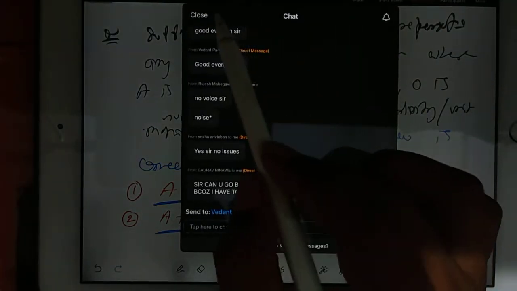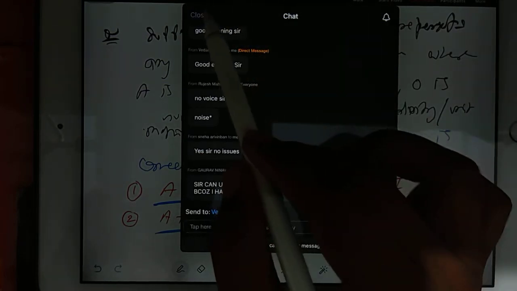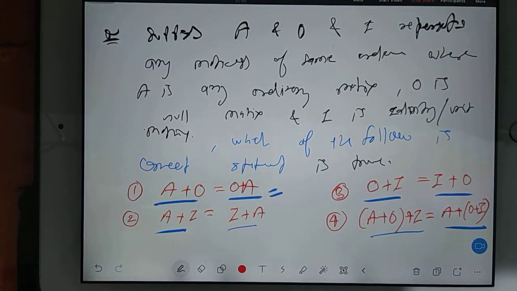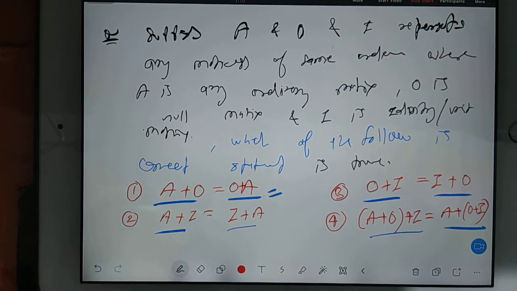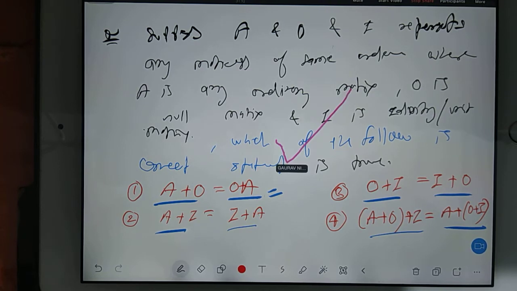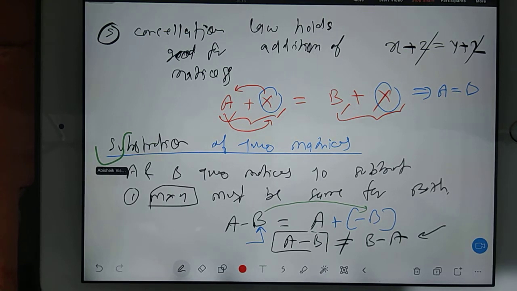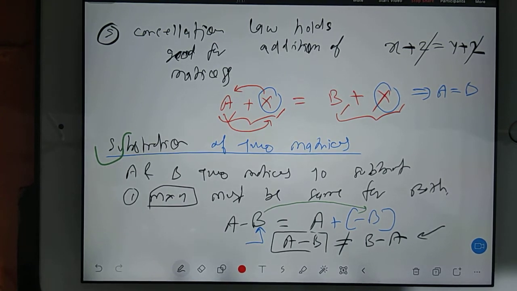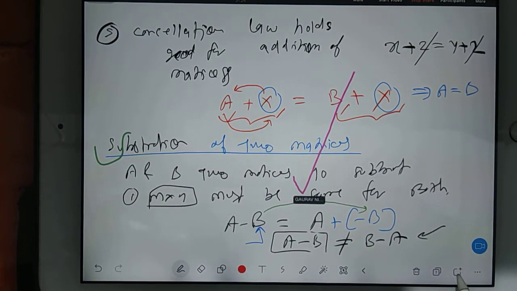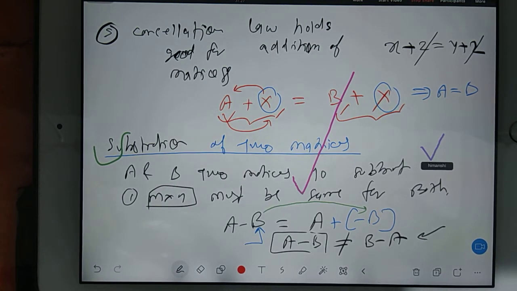Don't worry. Gaurav, tick on the screen once you are done. Okay, very good. This part, guys, tick on the screen once you are done. Done. Okay, I'm changing the page.